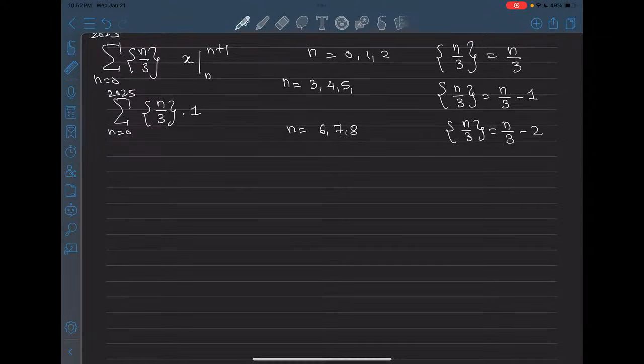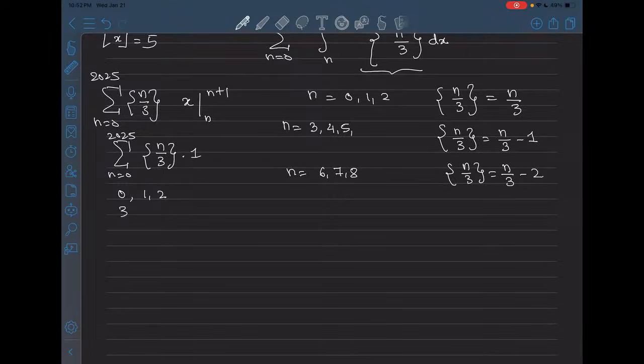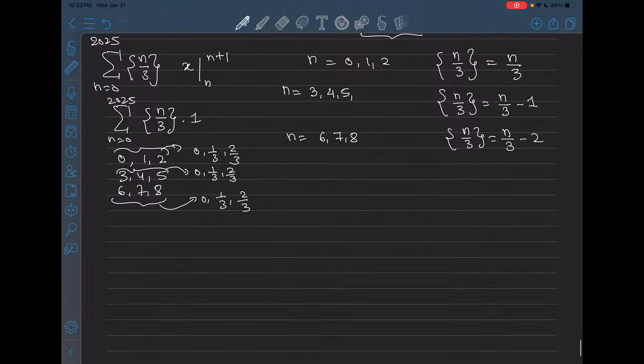Okay, I think now it's easy to do, because we know that whatever the fractional parts are for 0, 1, 2, they will be the same for 3, 4, 5. It will be the same for 6, 7, and 8, right? So in all these cases, the fractional part will just be 0, 1/3, 2/3. Over here also, and over here as well.